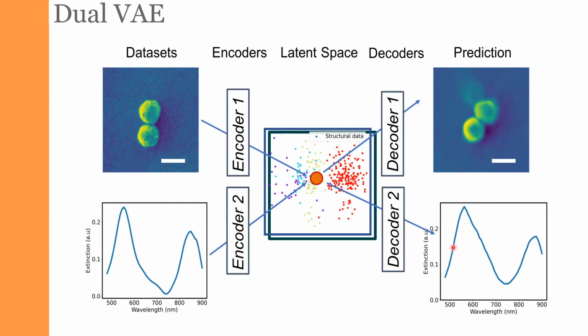So it turns out that we can do things a little bit more elegantly, which is we can have different encoding vectors for the structure and properties, but we can impose some measure of similarity. For example, we can say that the latent distributions should be close to each other.